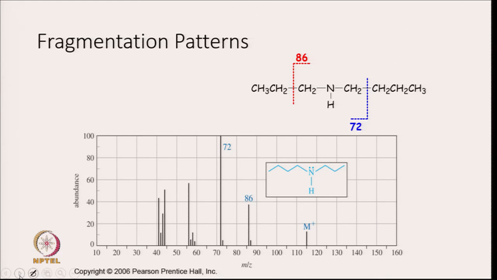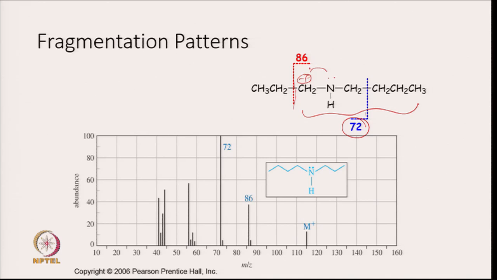Now, look at the fragmentation pattern. If there is a breakage here, then you will get a peak at 72. There is another cleavage possible at the alpha position again. Here you see if it breaks at this position, then again this plus charge will be resonance stabilized and this whole mass will correspond to 86.